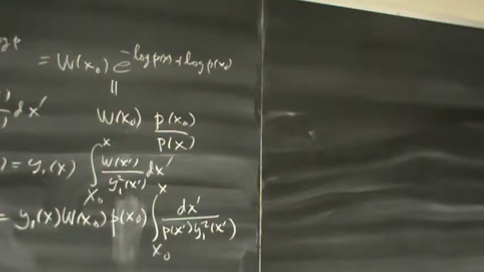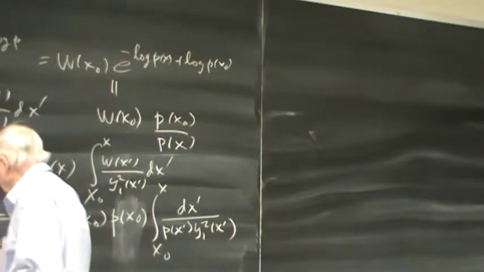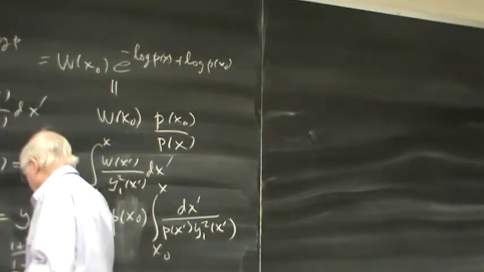If you then go through this procedure, you have that p of x is 1 minus x squared, and so y2 would be, since the first solution is just 1, some constant times an integral dx prime over 1 minus x prime squared. That's the end of it. And that turns out to be a half log of 1 plus x over 1 minus x.